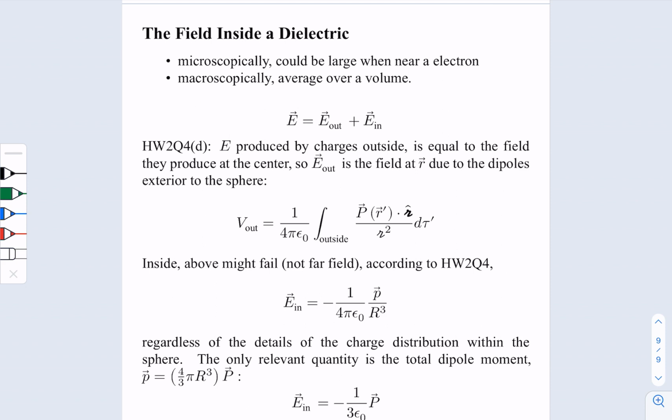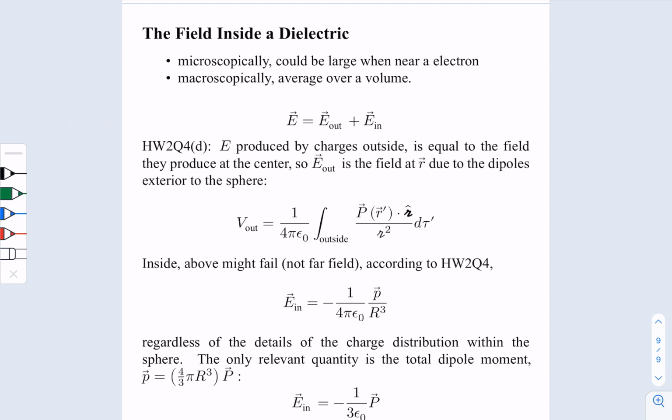Here, what I'm trying to argue is that what we study is classical E and M, so we don't care about the microscopic nature of a material. In principle, if you polarize a material, the positive charge and negative charge might separate.